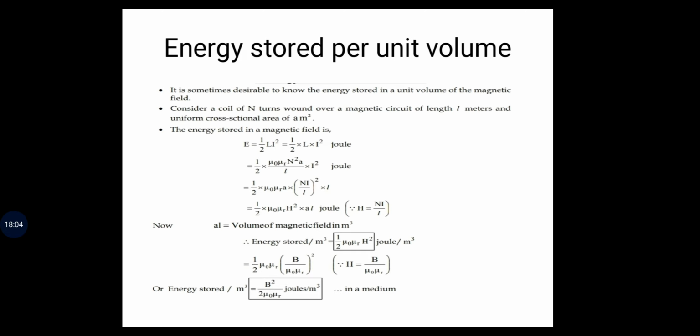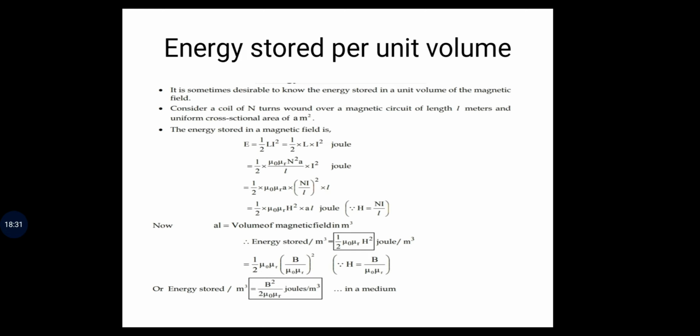Here we rearrange the equation of mu naught mu r. Here N I by l is equal to H. That means half of mu naught mu r H square into A l joules.